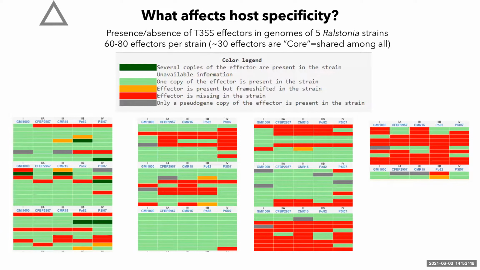So a lot of them have that core system, but the specific toolkit that they have, their repertoire of effectors, is very variable between strains. And that's because there's this coevolution, Red Queen hypothesis sort of model of coevolution between a predator and a prey that drives molecular innovations.